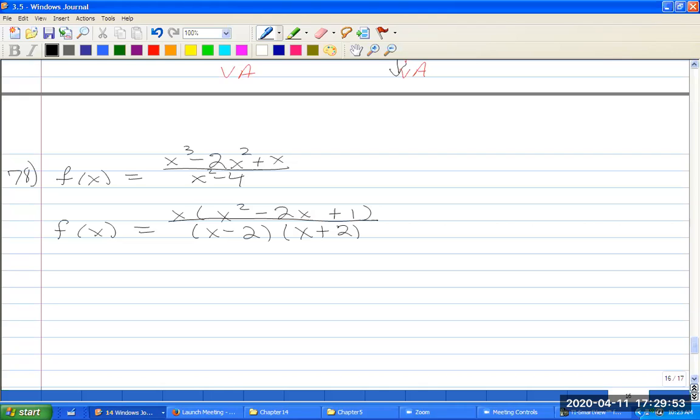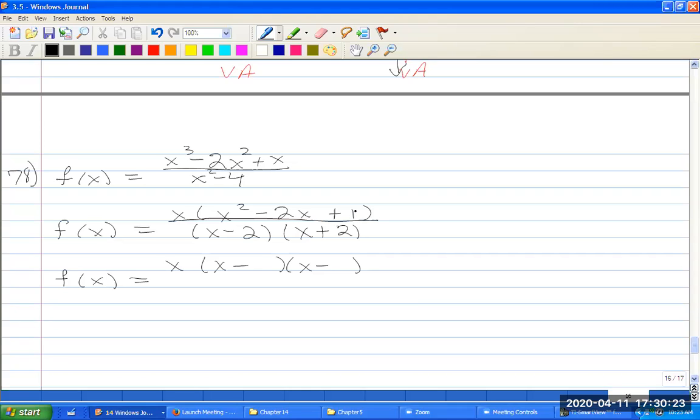So this is equal to... factor. This is a monic quadratic trinomial. So this factor is x. We bring down the minus times plus is minus.